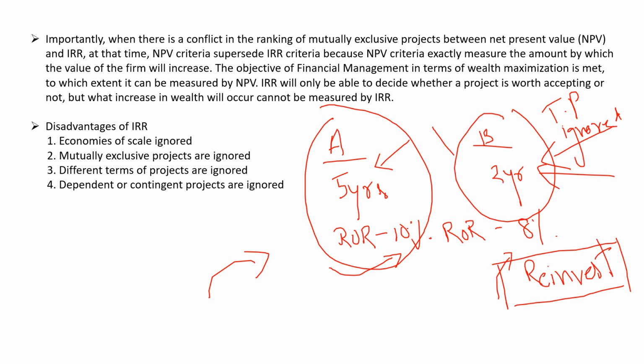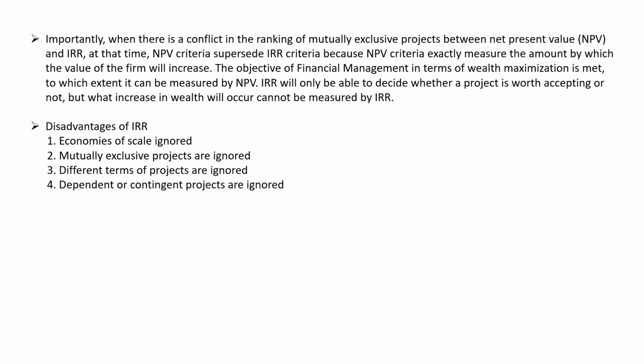Now the next is that dependent or contingent projects are ignored. Dependent or contingent projects means, say I want to invest in a project, say in a transport business project, transportation of vehicles.